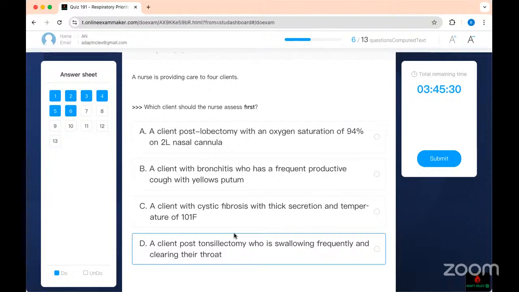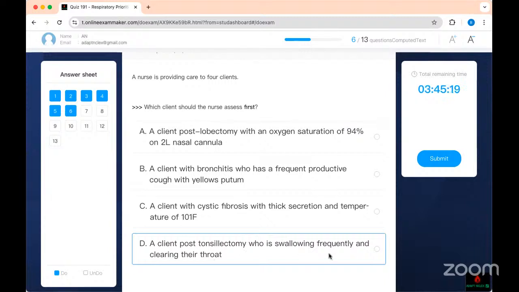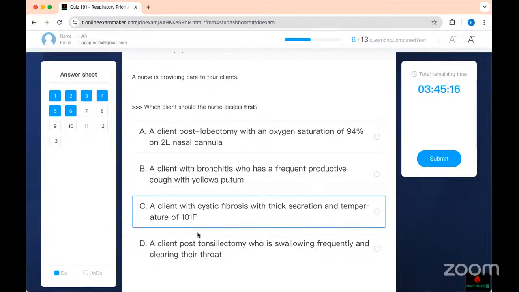What do you think? If you have 1 second, who are you going to see? You have to be sharp and not let them trap you, right? Who would you want to see? Somebody clearing their throat and swallowing after tonsillectomy.